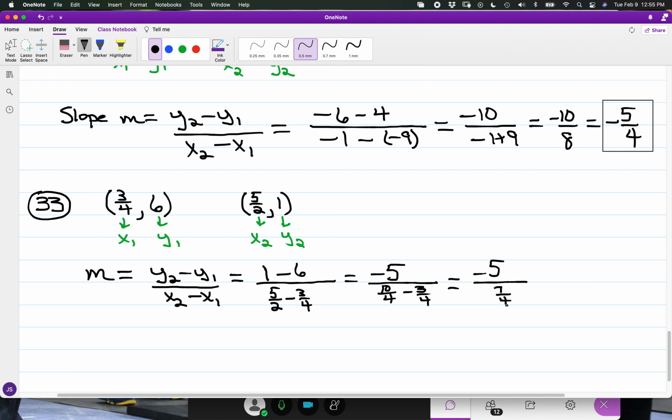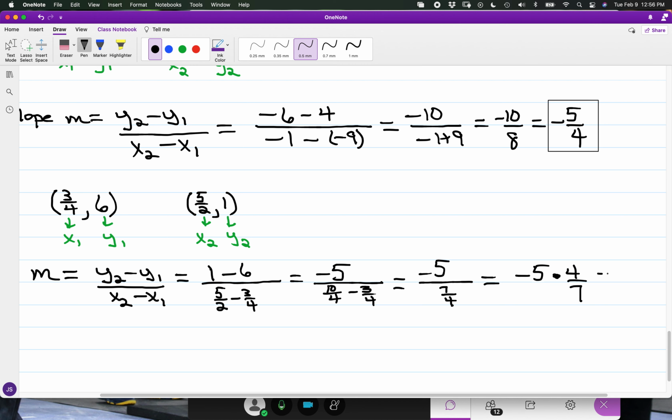So for the slope, we have -5/1 times 4/7, and for this outcome we have -20/7. Just like number 28, we have another non-integer slope value.